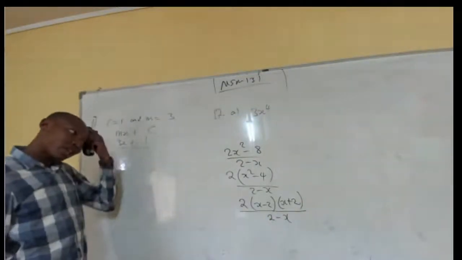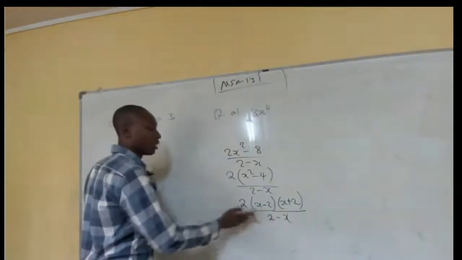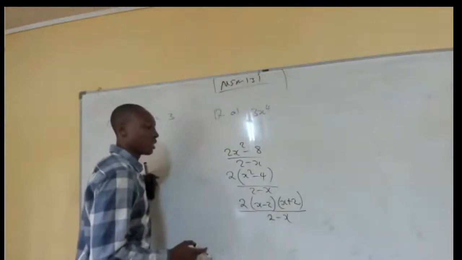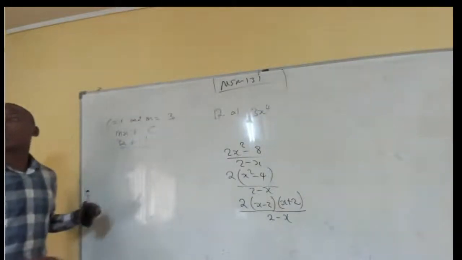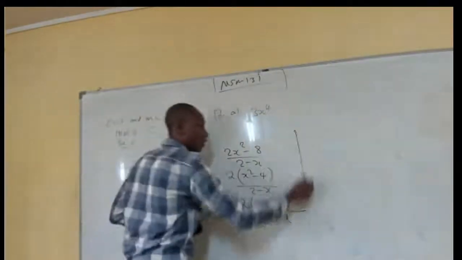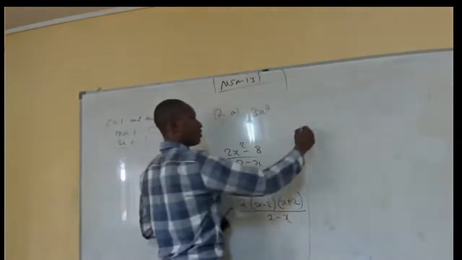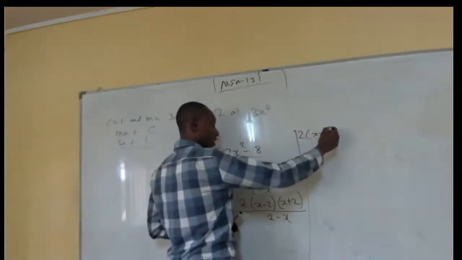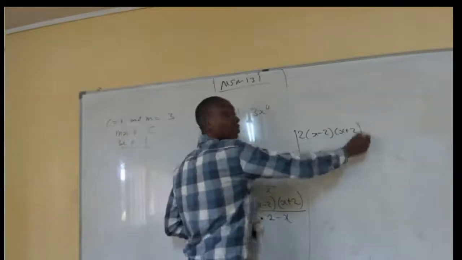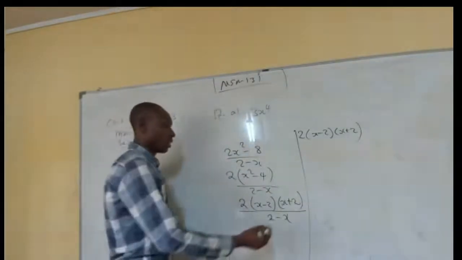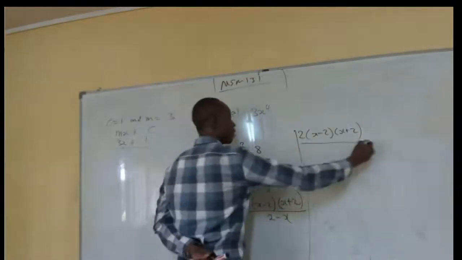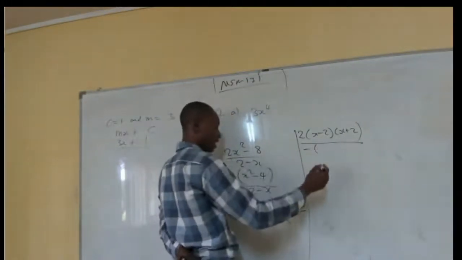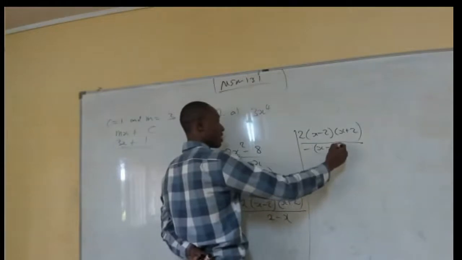Alright, so now to make the denominator look like this one, I can factor out a negative. So what we're going to have is 2 times x minus 2, x plus 2, everything over negative, I factored out, so now it has x minus 2.